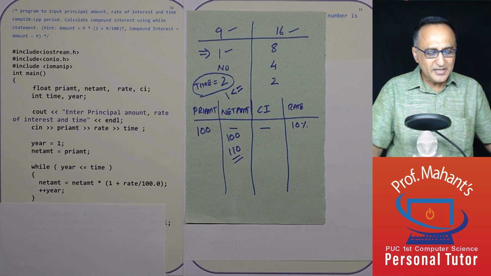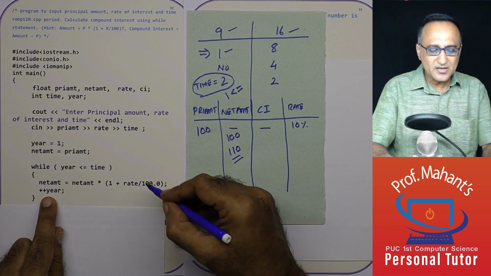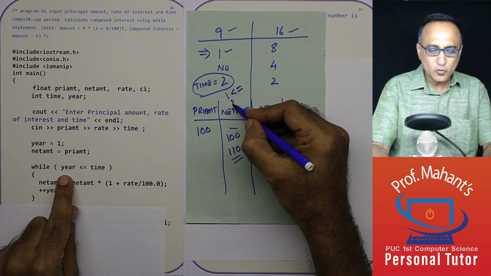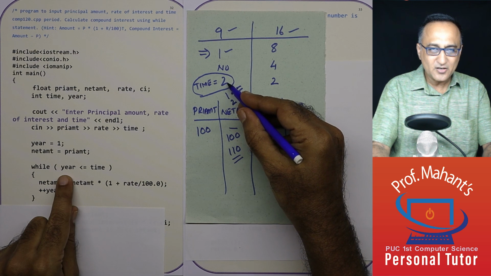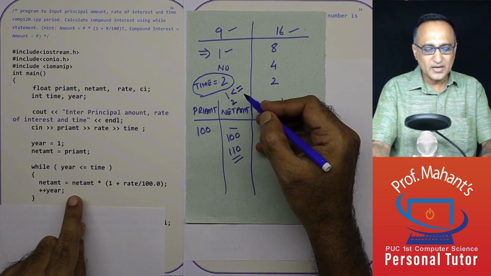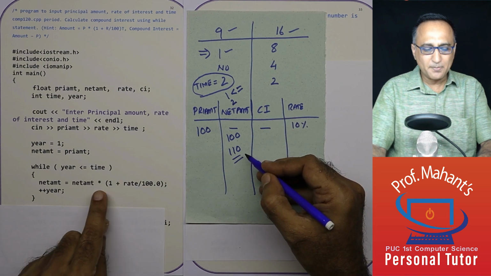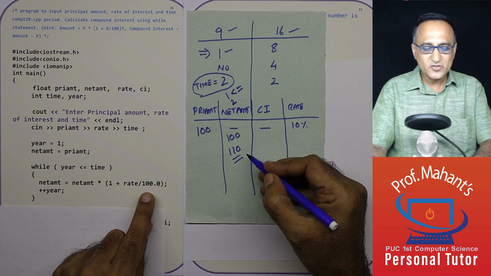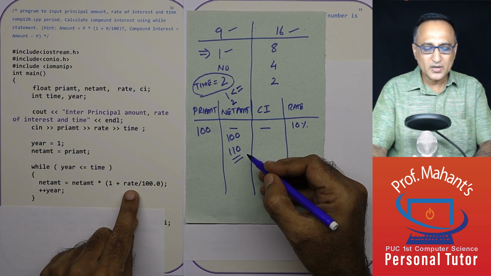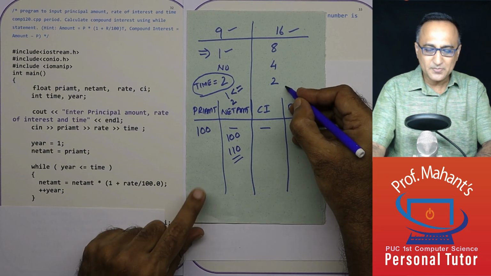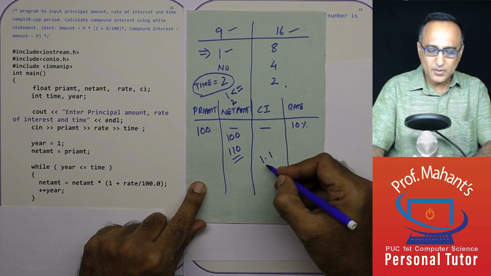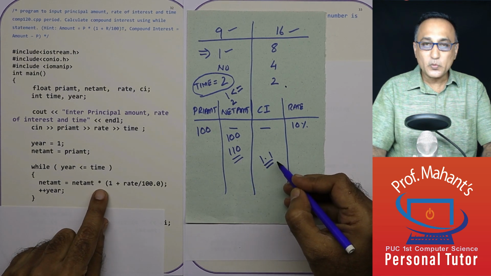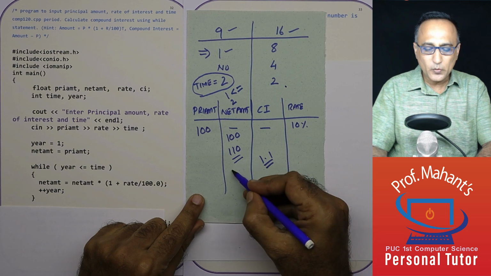Now I need to increase the year by 1, because for 1 year I have calculated the net amount as 110. So now year becomes 2. 2 is equal to 2, so we are still okay. Now net amount is equal to 110 multiplied by 1 plus 10 upon 100, which is again 1.1. 110 into 1.1 is going to be equal to 121.